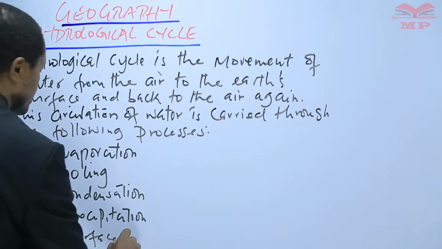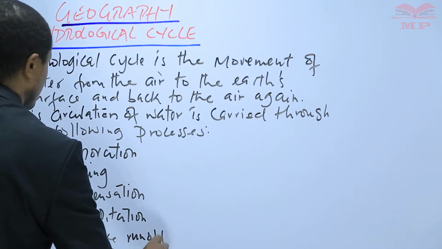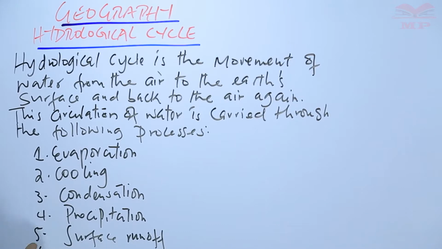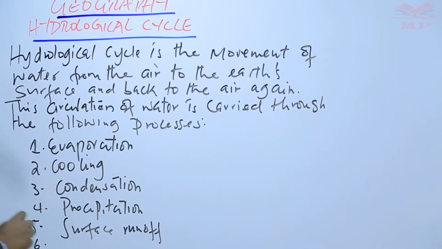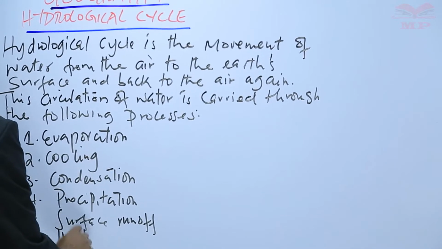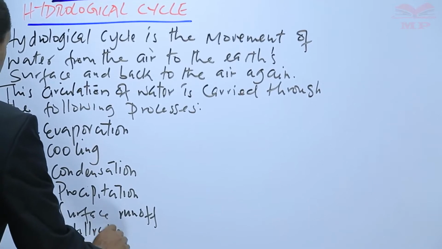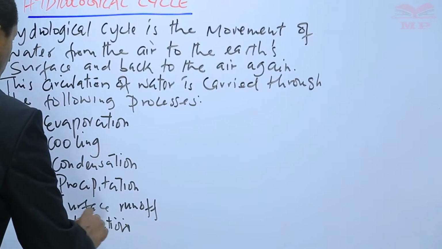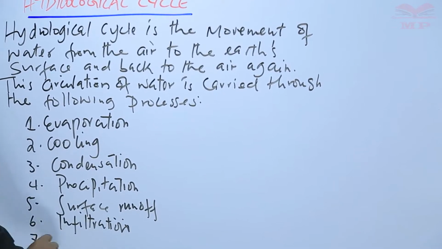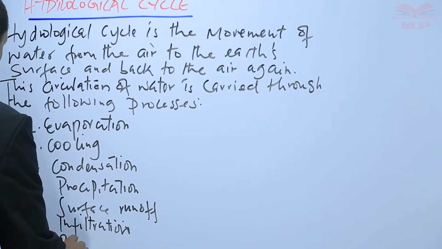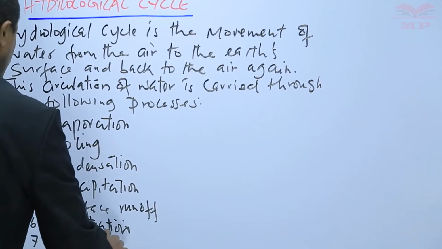Number 5, surface runoff. Number 6, learners, infiltration. Number 7, percolation.